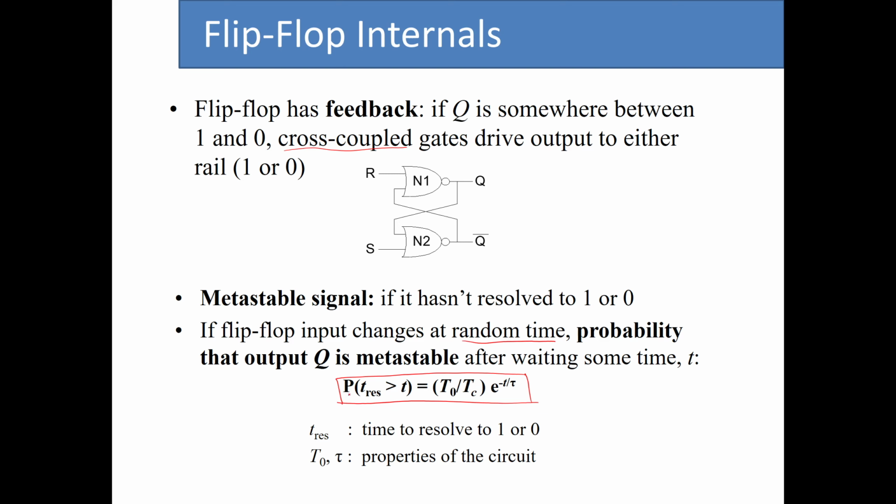So we have P of T-res, or the resolve time, greater than T. This P is the probability function. So the probability of the resolve time being larger than T equals T0 over Tc.